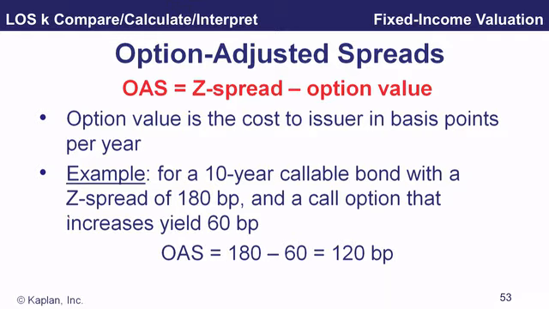So now we can just subtract off the increase in yield because there's a call feature from the Z spread that we calculated based on the price of the callable bond. So we got a Z spread that was bigger than for an option-free bond. We subtract off the cost of the call option to the issuer, 60 basis points, and we get an option-adjusted spread of 120 basis points.